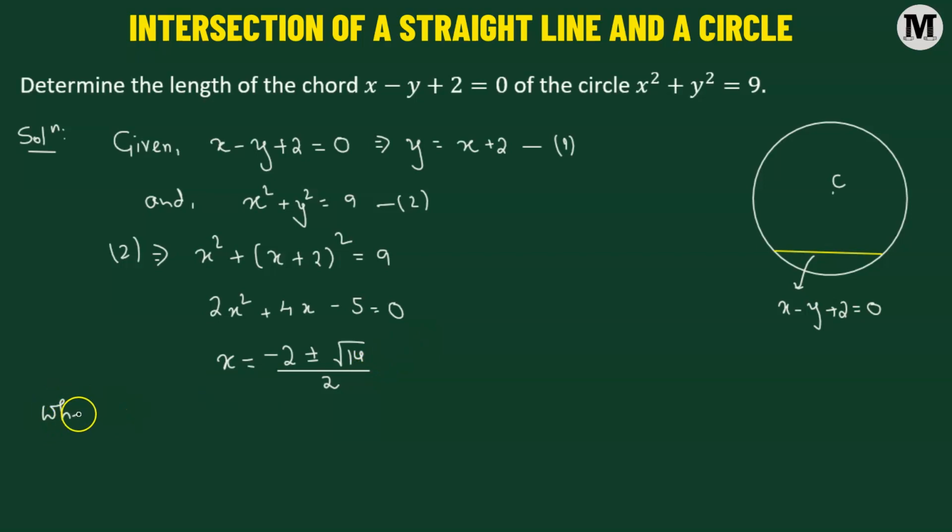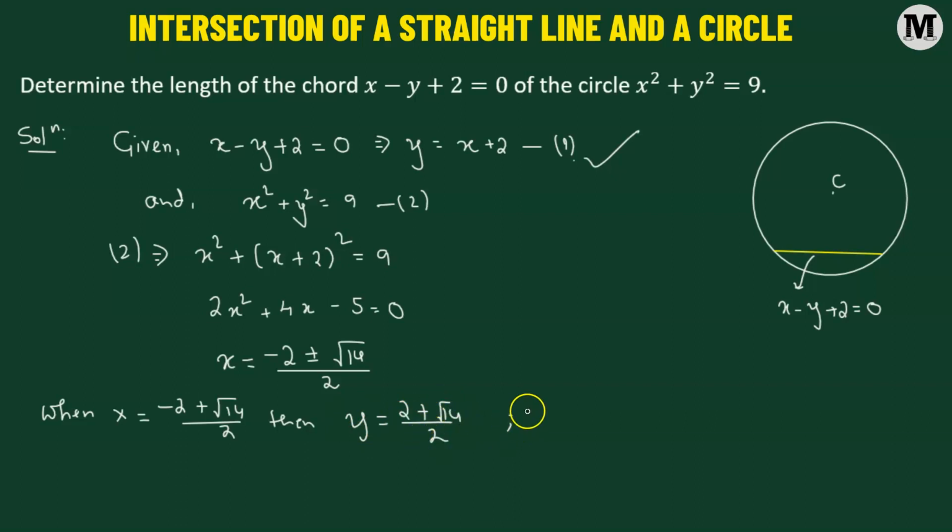Now that we have the values of x, we can find out the corresponding y values. So when the x value is negative 2 plus square root of 14 over 2, then our y value will be, all we have to do is use equation 1 and substitute the value of x. That's going to give us y equals positive 2 plus square root of 14 over 2.